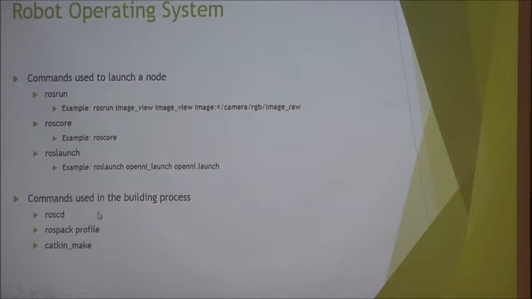When you're building your code in the ROS operating system, I can show you that next time. I'll show you some examples in the tutorials. roscd will get you to the directory in which your code is. Basically, if you want to do roscd openeye launch, you can automatically change directory into that directory, wherever that is.